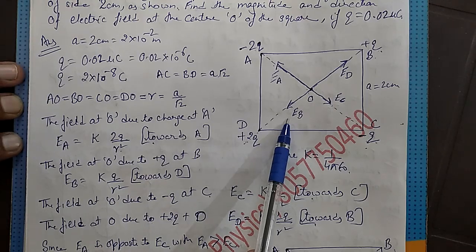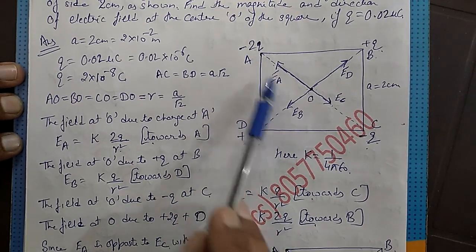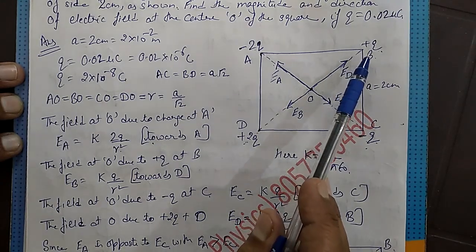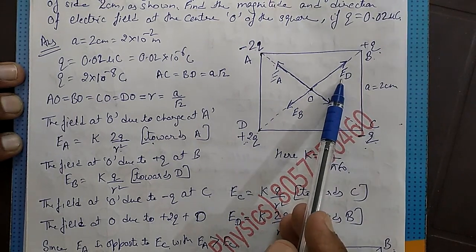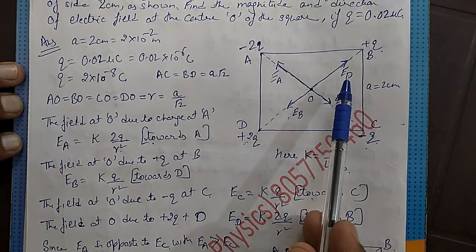So the resultant field towards A will be EA minus EC, and I will represent it by E suffix 1. Similarly, the resultant field towards B will be ED minus EB, and I will represent this by E2.